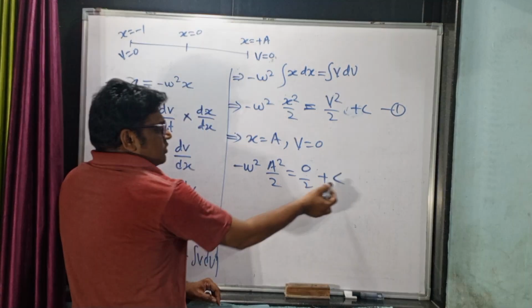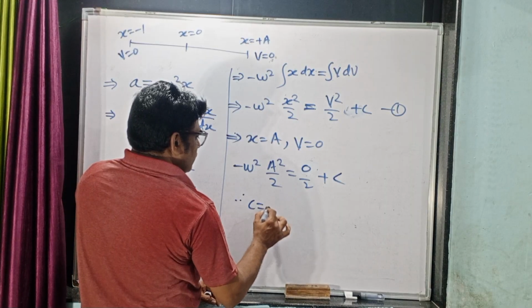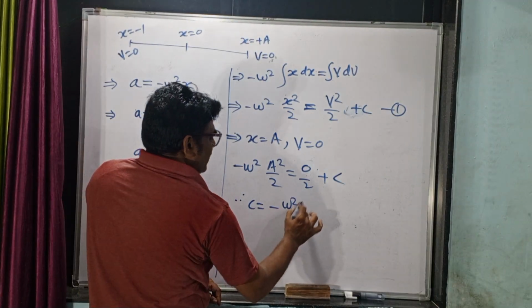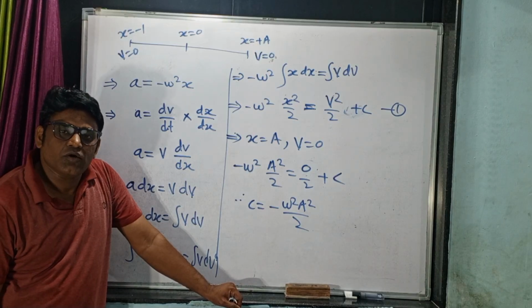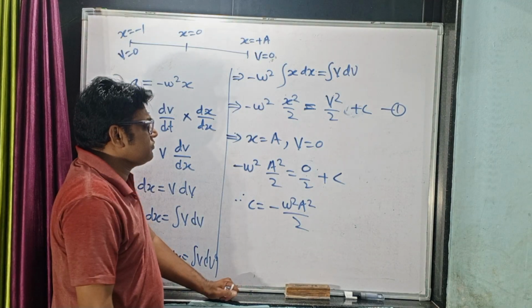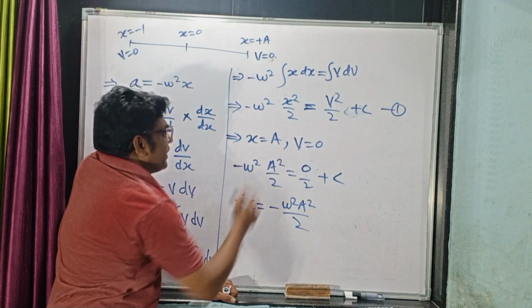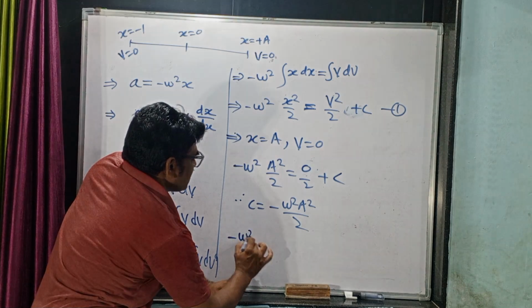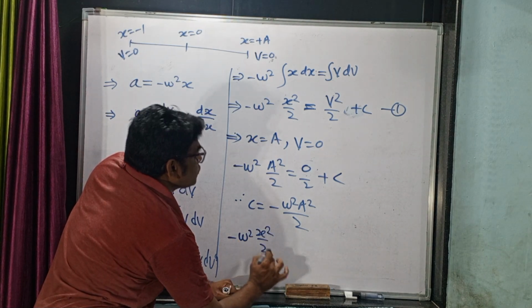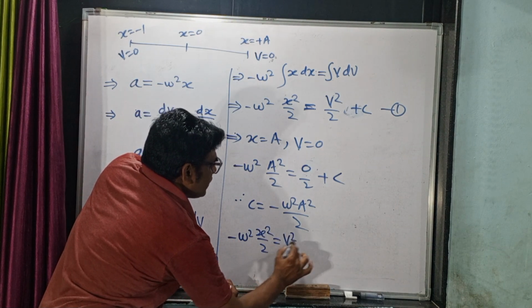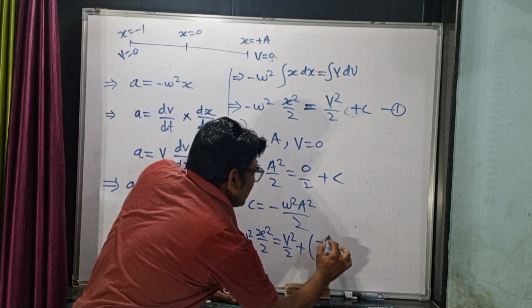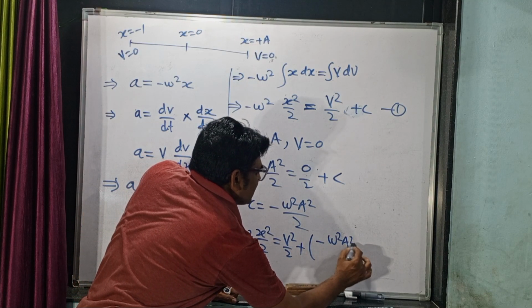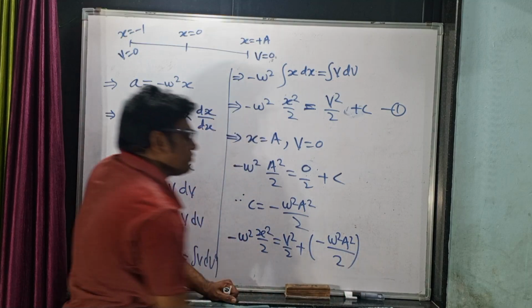So c is equal to minus omega square a square by 2. Correct or not? Now put this value of c there: minus omega square x square by 2 is equal to v square by 2 plus c, where c is minus omega square a square divided by 2.